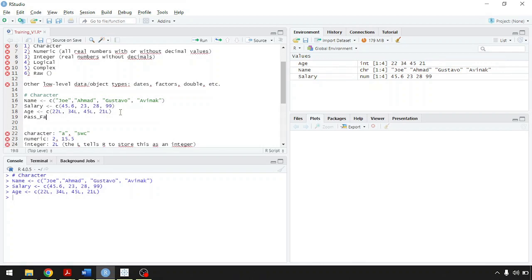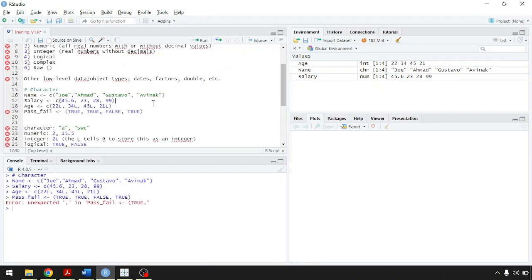Say pass, fail, and then put true. Let's say Joe passed, Ahmad passed, Gustavo failed, and Avinak passed. And save this as well. Okay, I forgot to put the C for concatenation. Right, so this is also being saved.